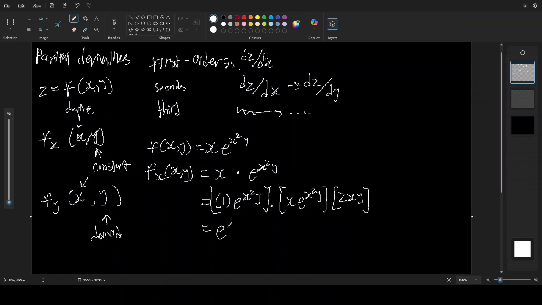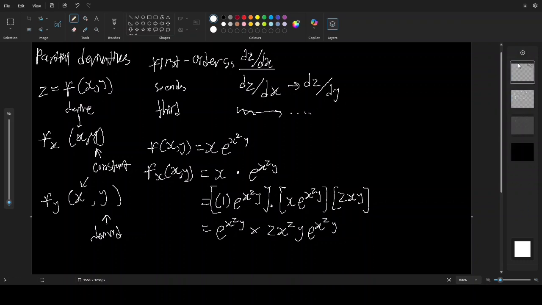Putting that together, e^(x^2 y) times 1, plus 2x^2 y e^(x^2 y).